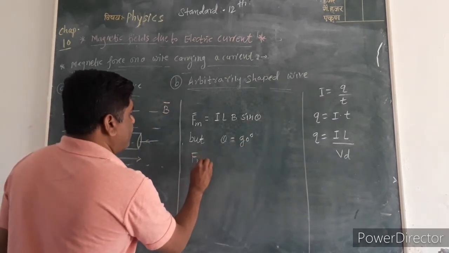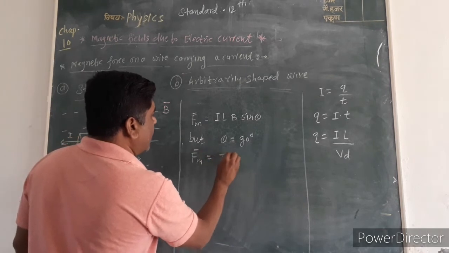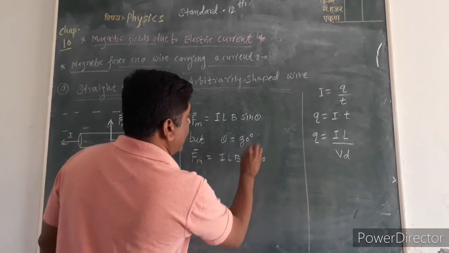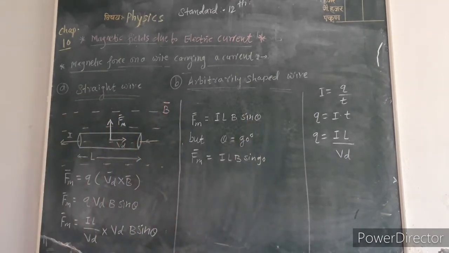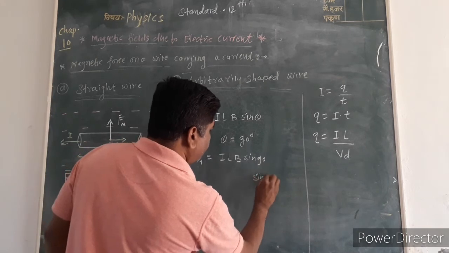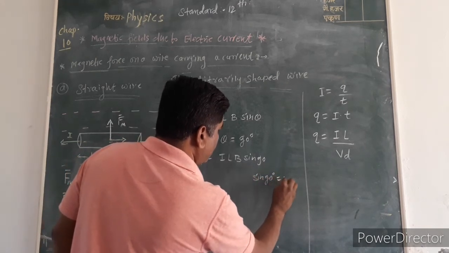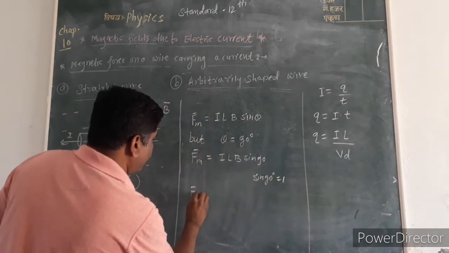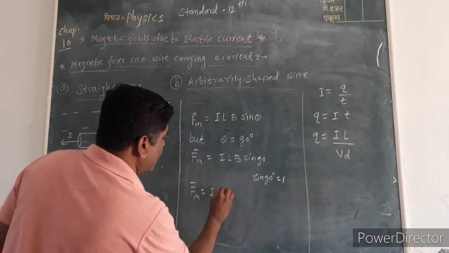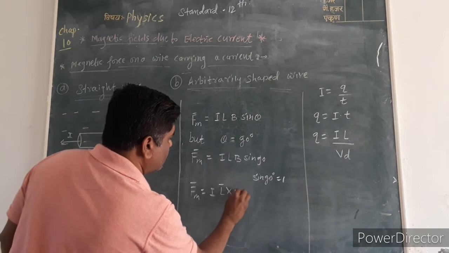Therefore, Fm is equal to I L B into sin 90, and sin 90 degrees is equal to 1. Therefore, Fm bar is equal to I L bar cross B bar.